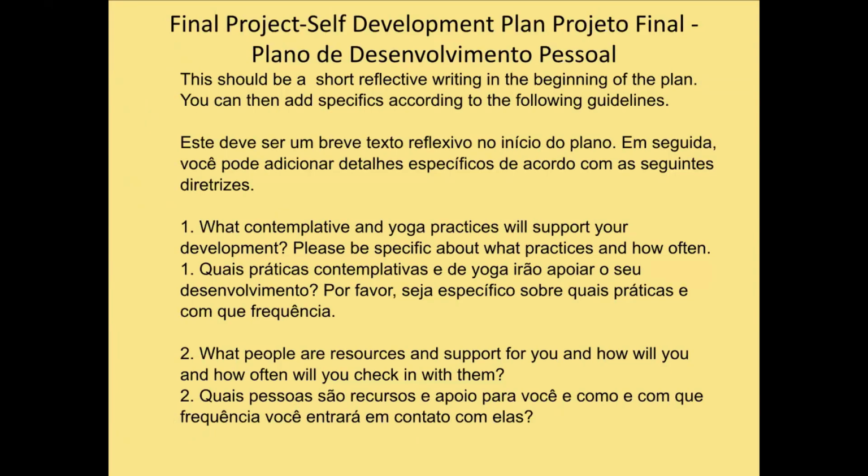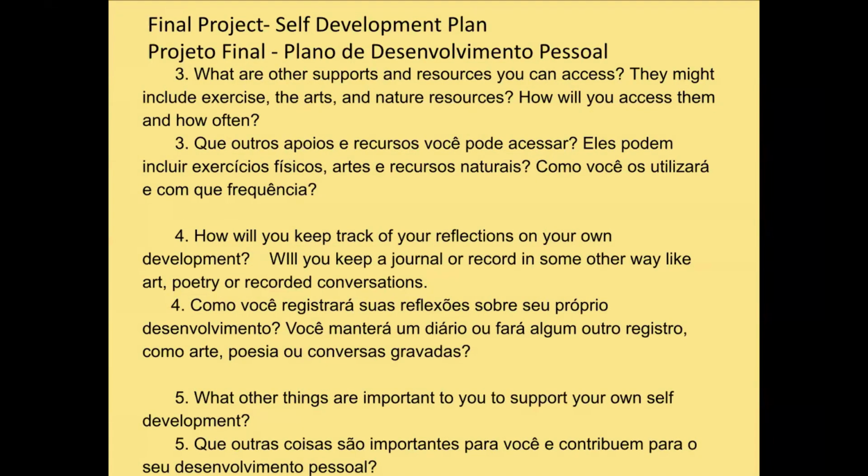You can just write it all, or you can actually write in the template, however you want to do it. The reflective writing can be a statement about some things that you feel like you want to develop and work on. That's the reflective writing.